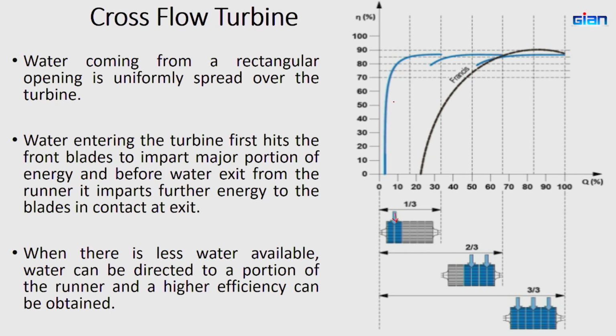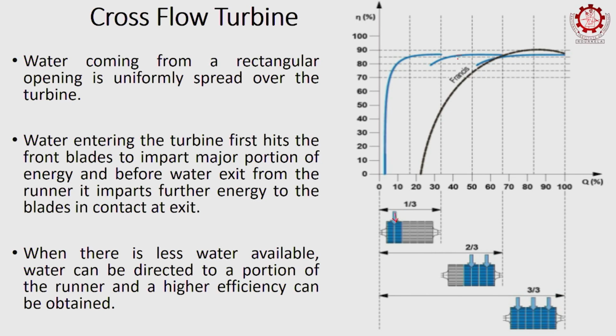Accordingly, your efficiency curve will operate so that you gain flat efficiency over a wide range of part loads, part flow rates, whereas Francis does not have that. Francis has poor part load efficiencies.